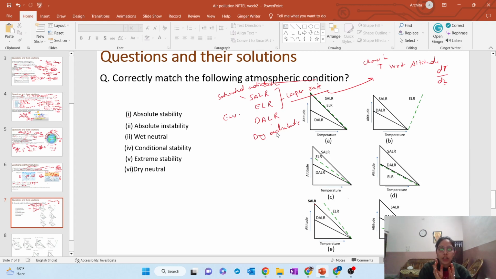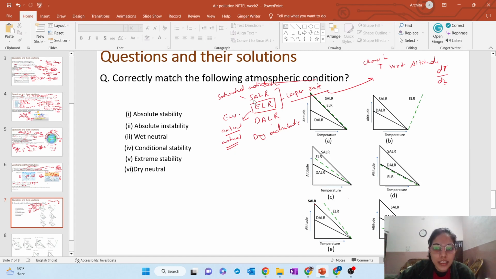Environmental lapse rate is that, whatever air parcels are in the atmosphere at present, how their temperature is changing with respect to height. You can call it ambient, or the actual lapse rate that we observe in nature.